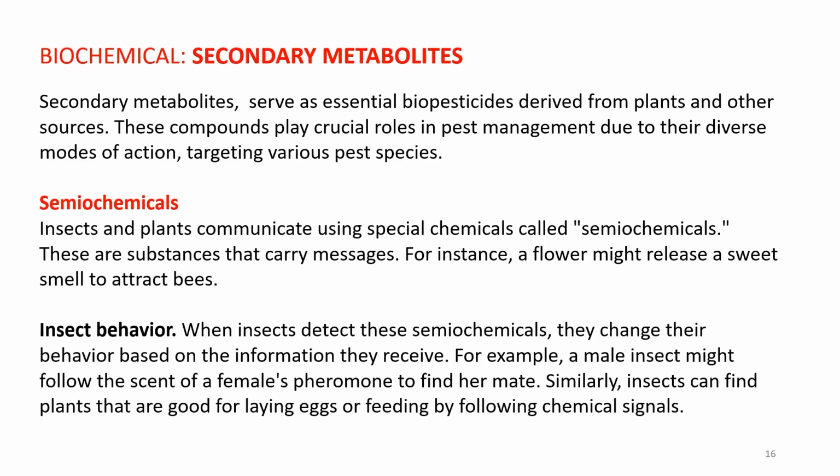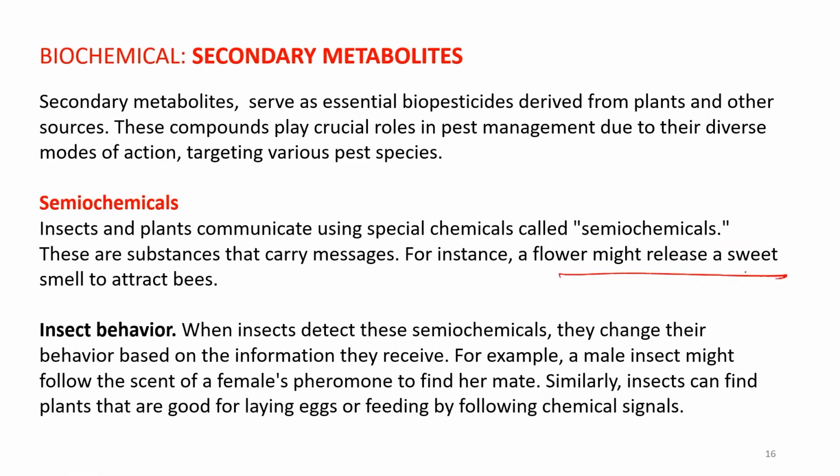Another class of biochemicals are the secondary metabolites, which serve as essential biopesticides derived from plants and other sources. These compounds play a crucial role in pest management due to their diverse modes of action targeting various species. Semiochemicals: insects and plants communicate using special chemicals called semiochemicals. These are substances that carry messages.